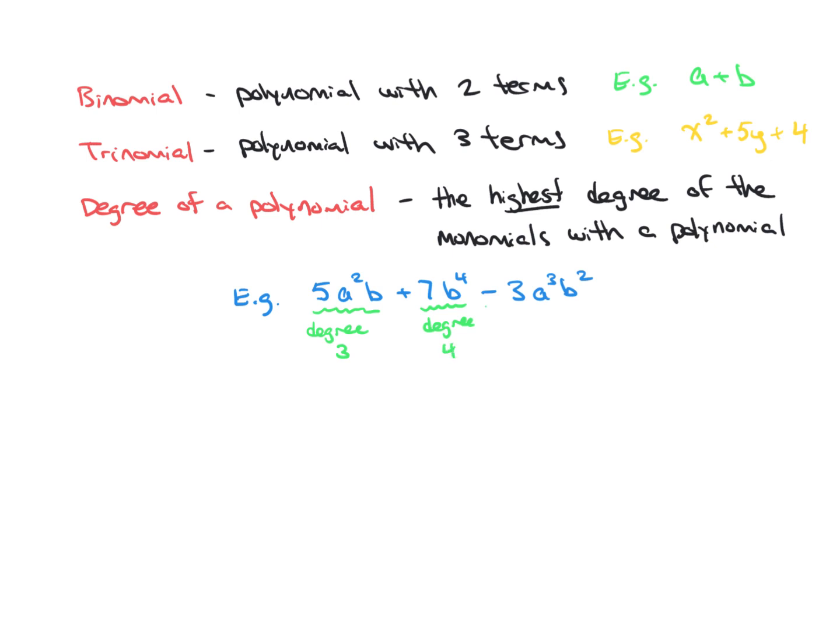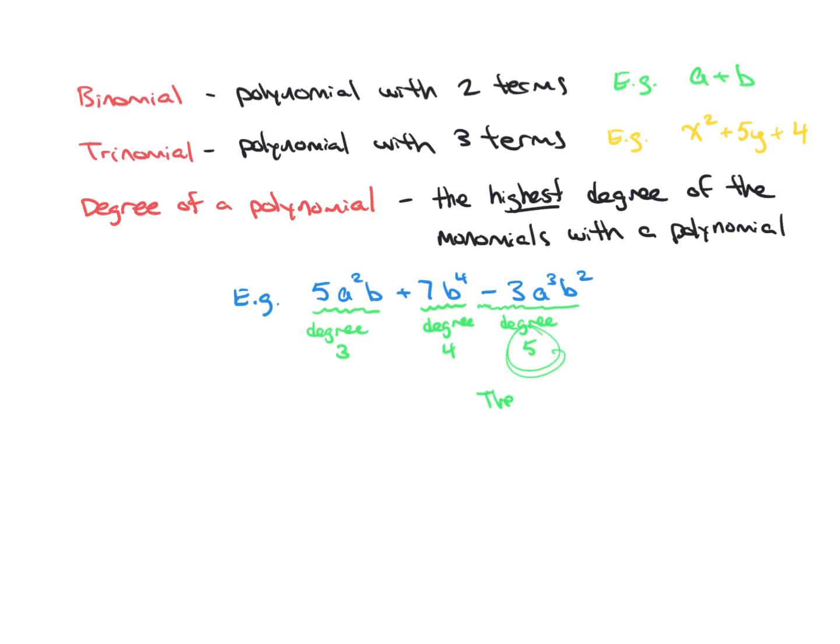In the third term, and notice how I made sure the negative sign was underlined because the sign is included as part of the term. The third term has a degree of 3 plus 2, which is 5. So the degree of the whole polynomial is going to be the largest one of these, which is 5.